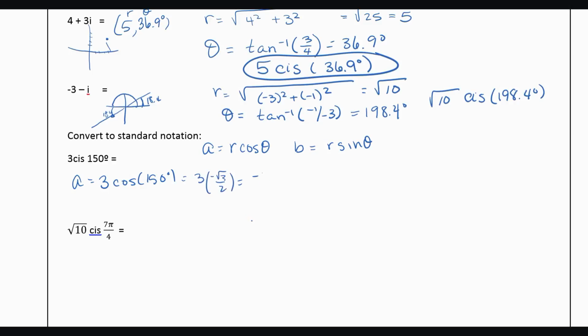So our a here would be negative 3 square root of 3 over 2. And our b will be 3 sine of 150. Sine of 150 is 1/2, so we'd have 3 times 1/2, or 3/2. So we could write this as negative 3 square root of 3 over 2 plus 3/2 i. So this is our a and our b.